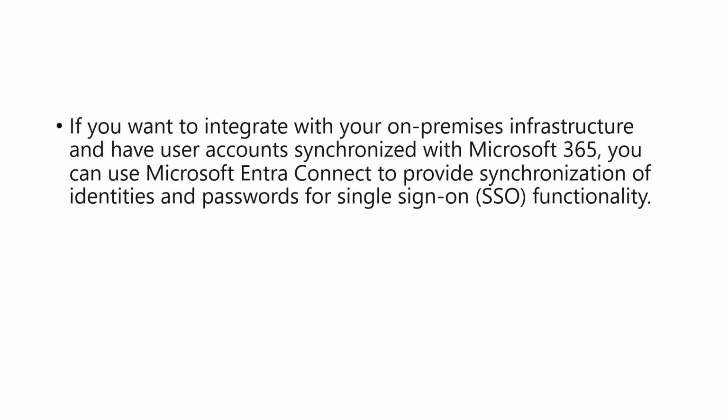So if you want to integrate with your on-prem organization and have users synchronized with Microsoft 365, you can use the Entra Connect. It used to be called Azure AD Connect. It's now called Entra Connect to provide synchronization of identities and passwords for single sign-on functionalities. So what we have done now with the setup of the 365, we have also created our cloud infrastructure.